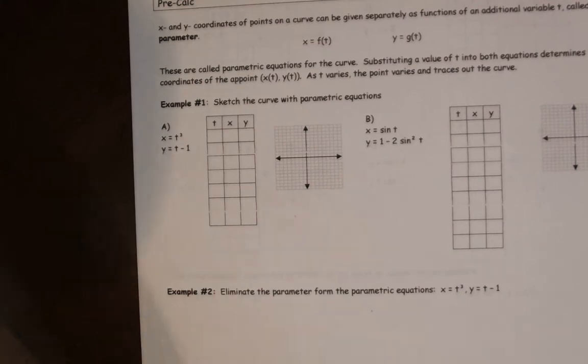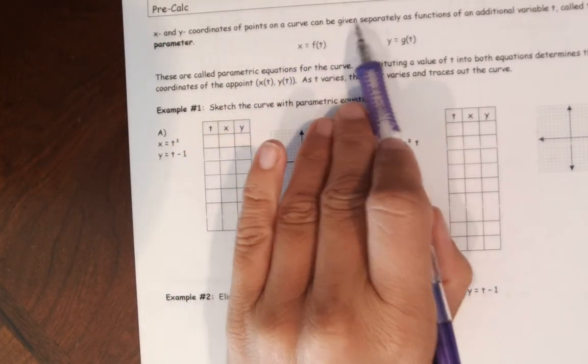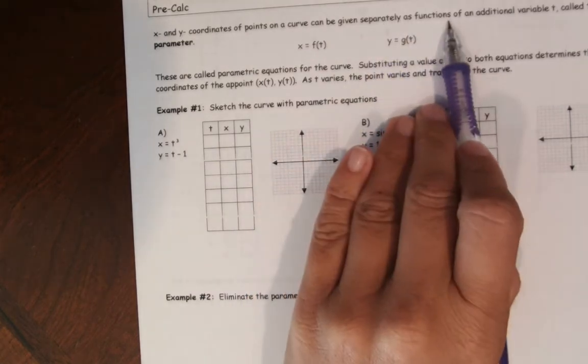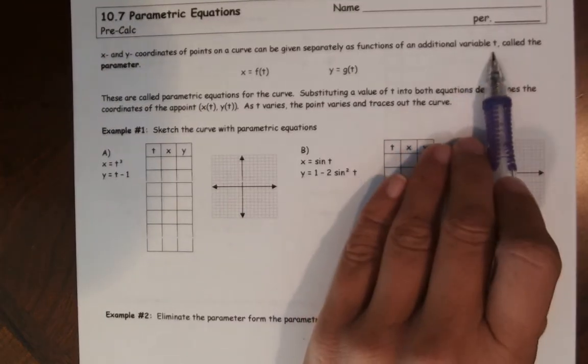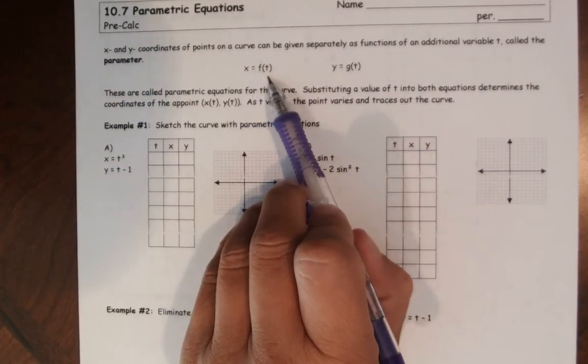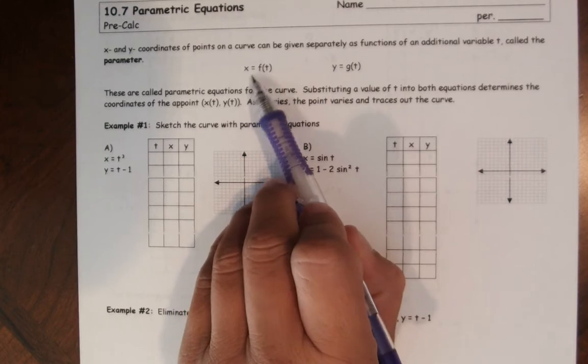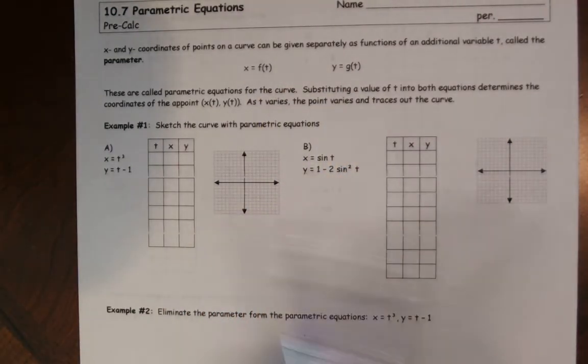So here we go. Parametric equations: the x and y coordinates of points on a curve can be given separately as functions of an additional variable, and we'll call that variable t, called the parameter. So x equals f of t, and y equals g of t.